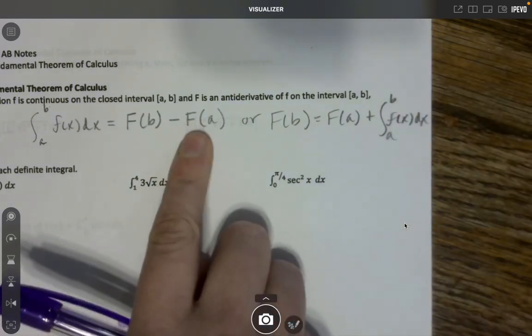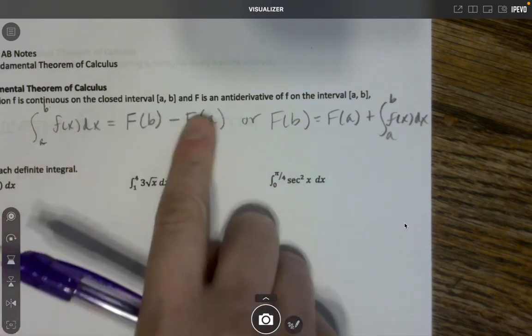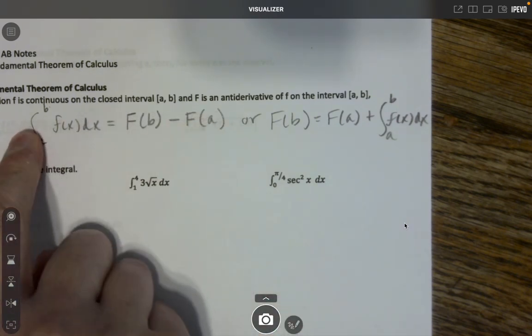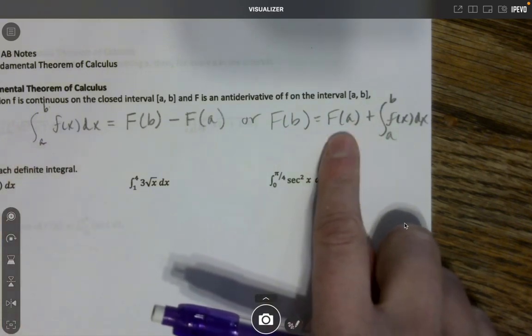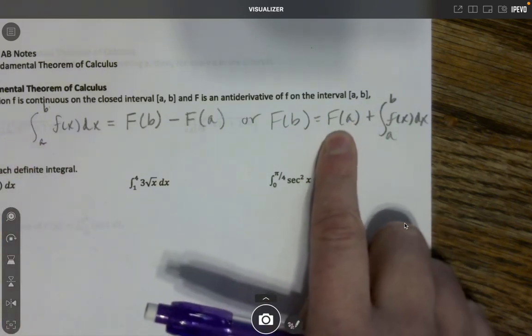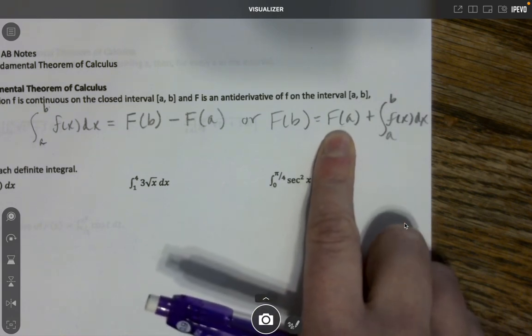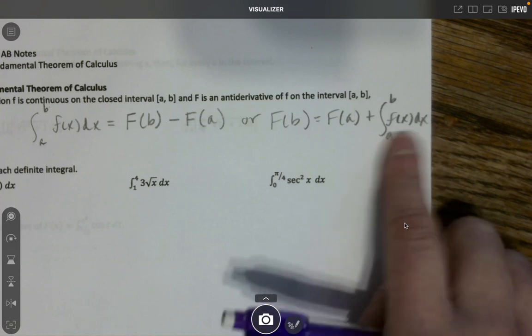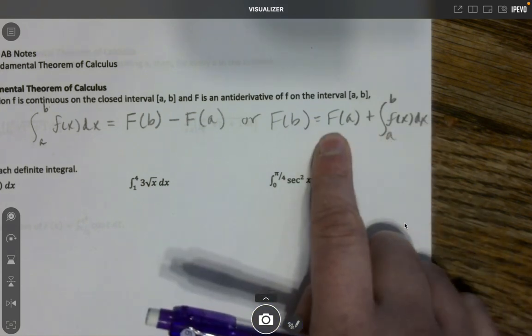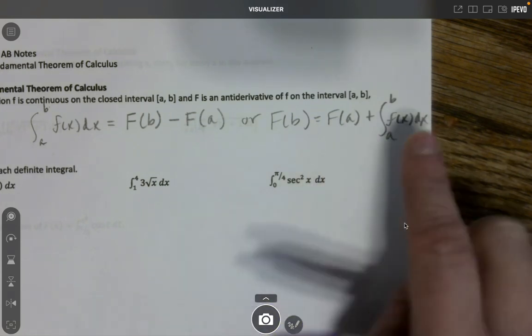What I did is rearrange this and add big F of a, my original function evaluated at a, to this side. I keep saying big F, but it's my original function, not my derivative. So F of a plus the integral from a to b of f of x dx. This is my derivative. This one's my original function, or the antiderivative of this one.